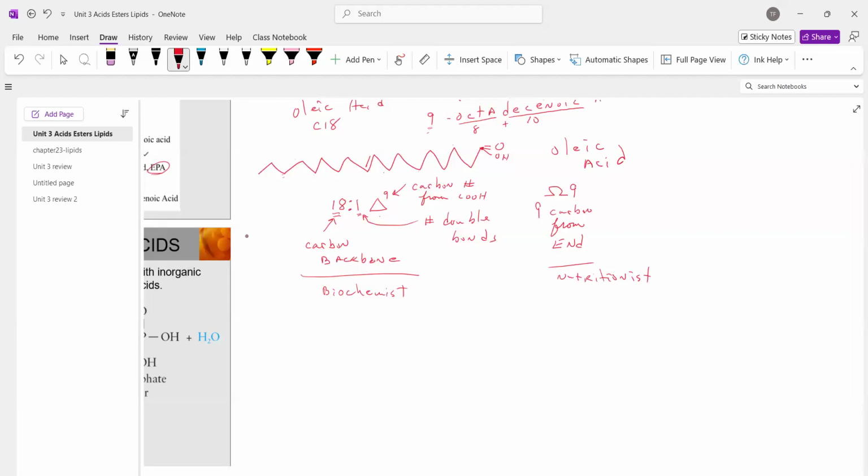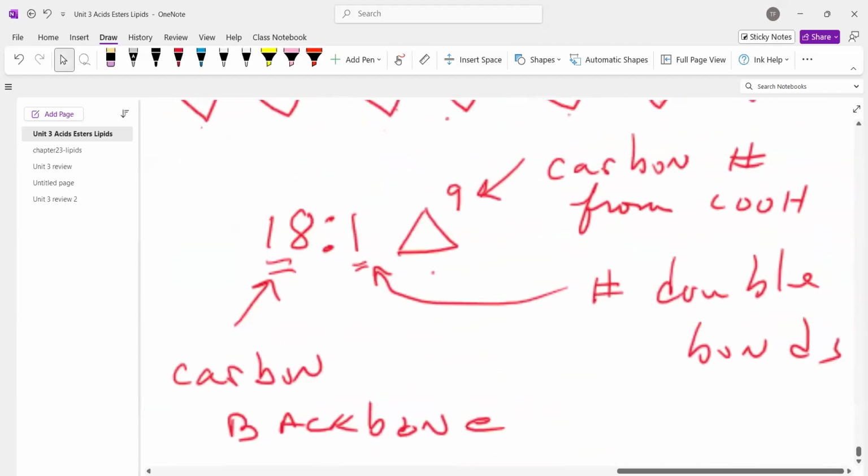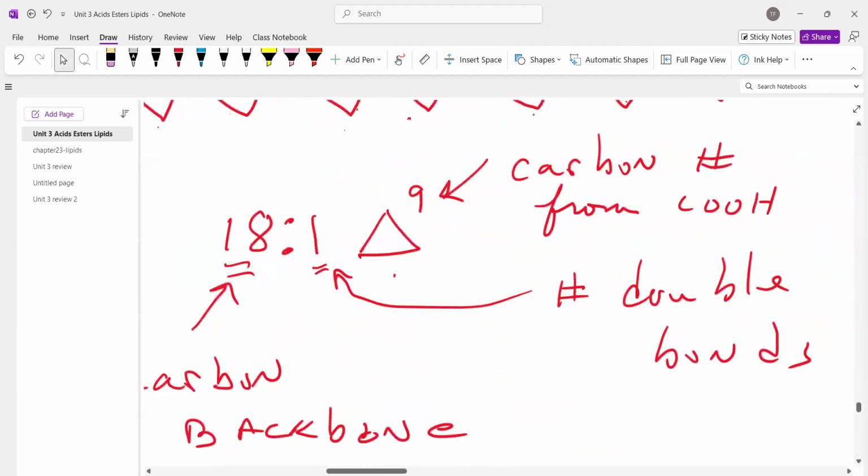Okay, the delta has a number of parts to it. One is the backbone length. In this case, oleic acid is 18 carbons long. It has one double bond at position 9 from the acid end.